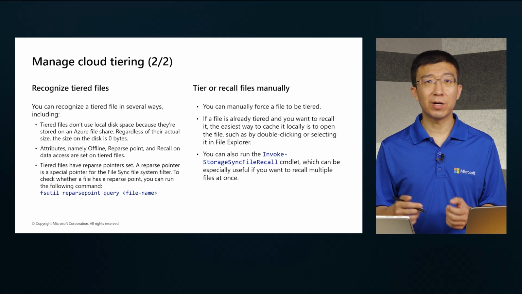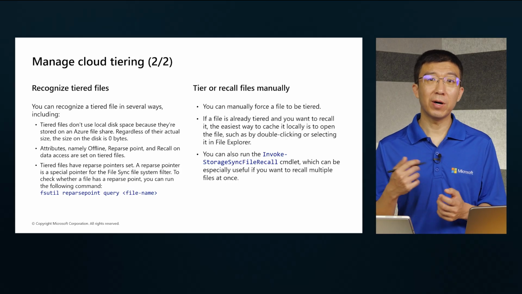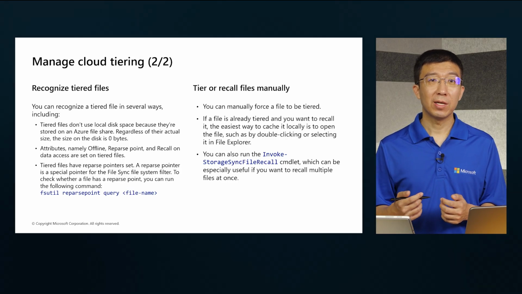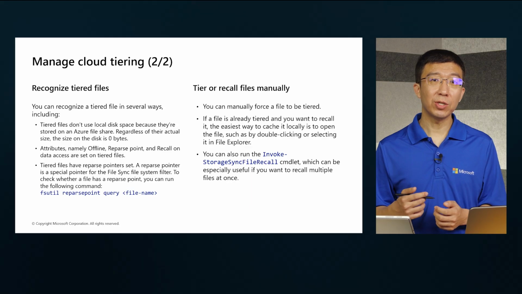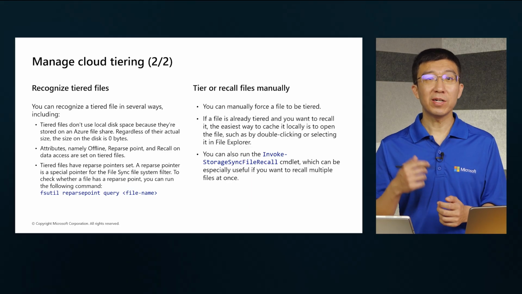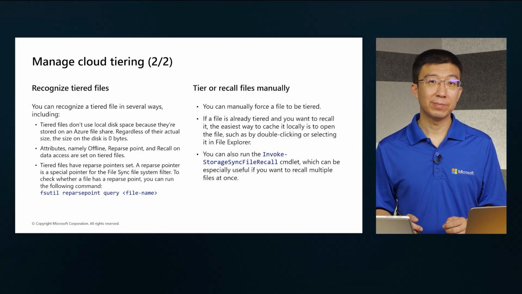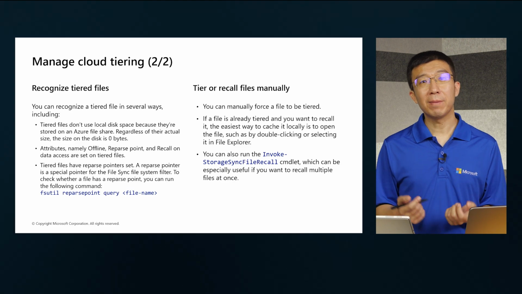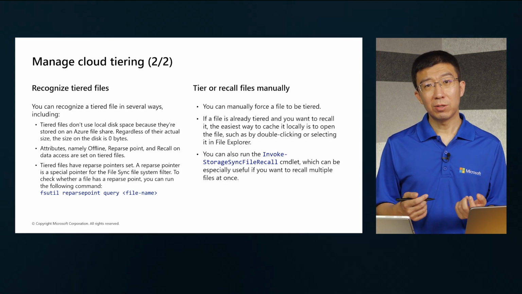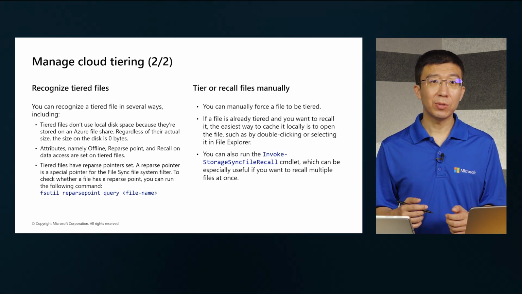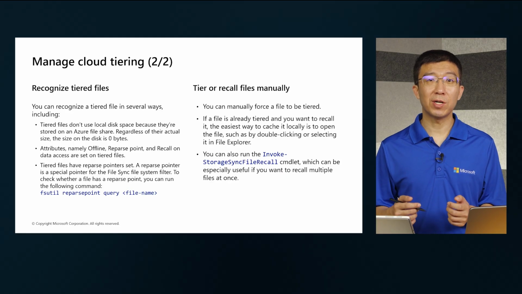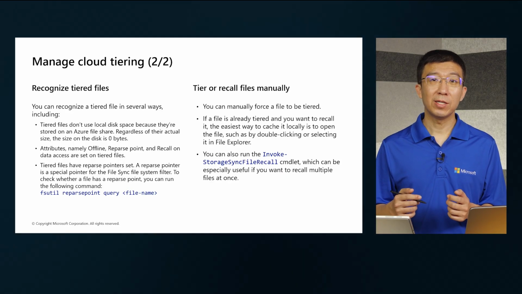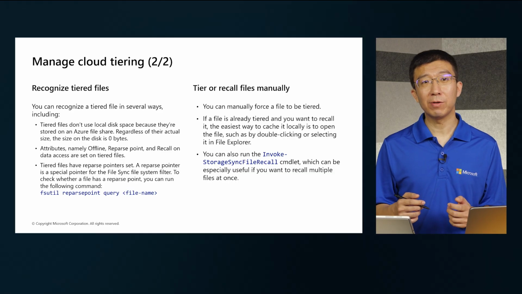You can check for a reparse point using the fsutil reparsepoint query command. You can manually tier or recall files and use the Invoke-StorageSyncFileRecall cmdlet to recall multiple files at once.